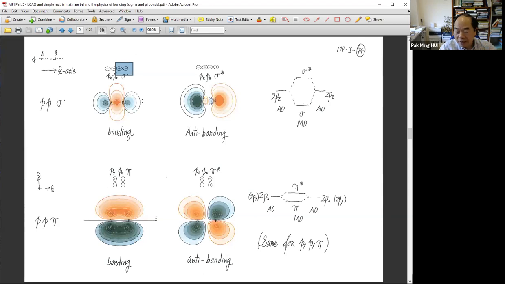Just like the SS, I could have two linear combinations, a plus and a minus. So the plus one will have this positive lobe happening at the same place. So you add them up, there will be an enhanced probability of finding the electrons in the middle between the two nuclei. Obviously, that will be a bonding state.